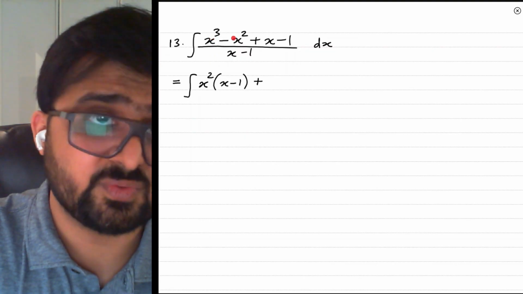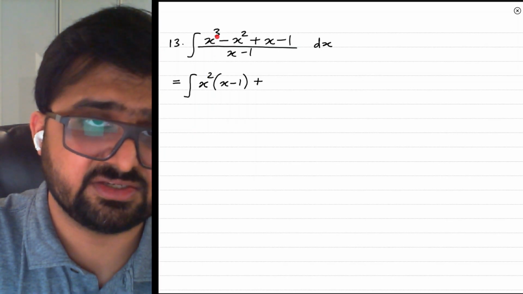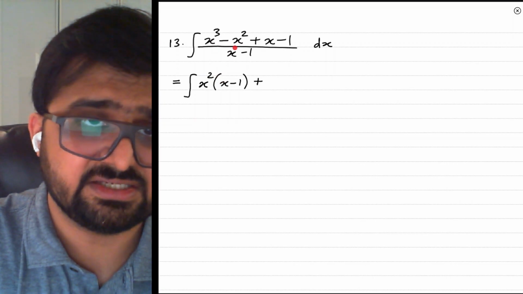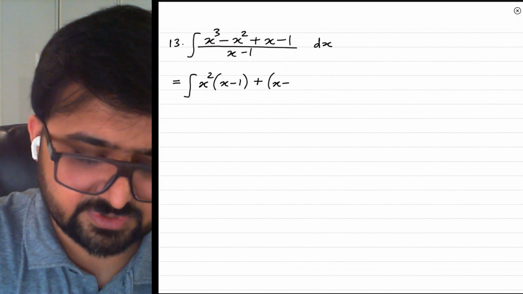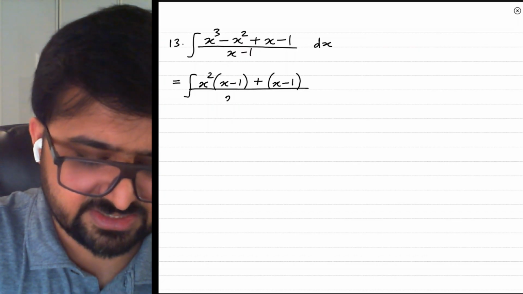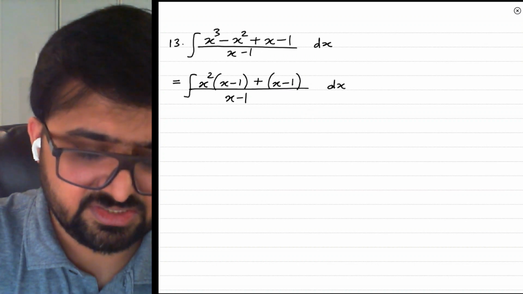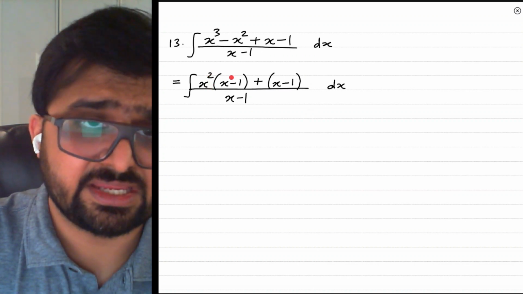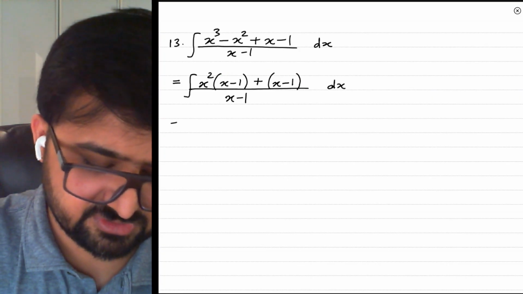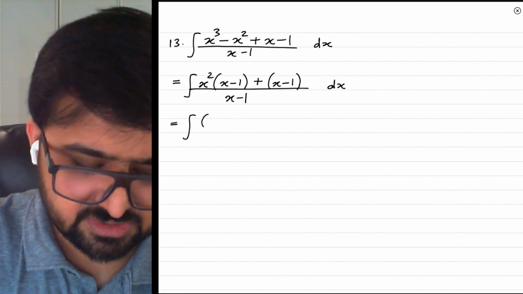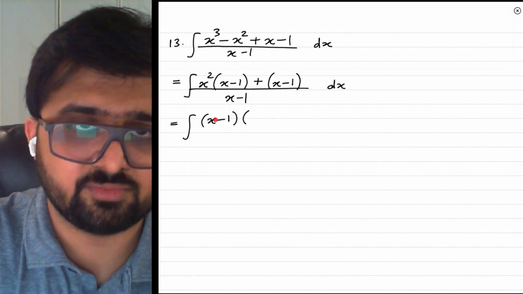In this x cube, you are left with x, and in this x squared, you are left with 1, plus x minus 1, divided by x minus 1, dx. Now in the numerator, you can again take that x minus 1 term common between those two terms.